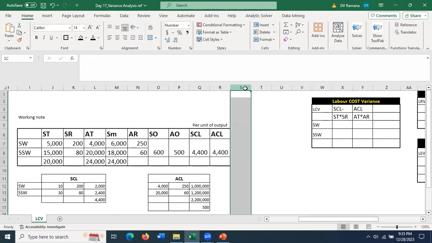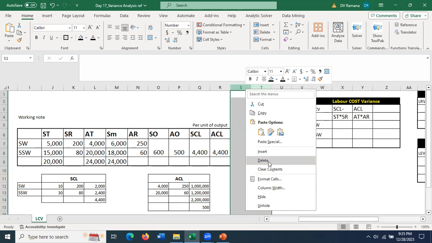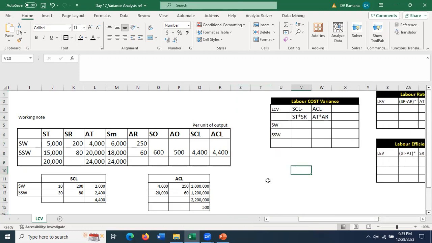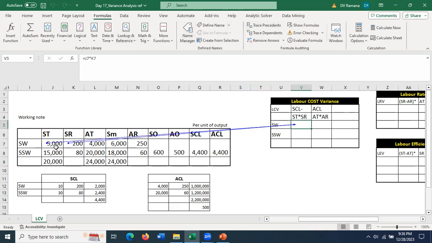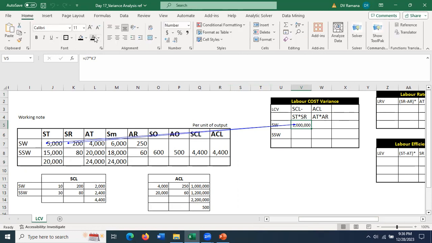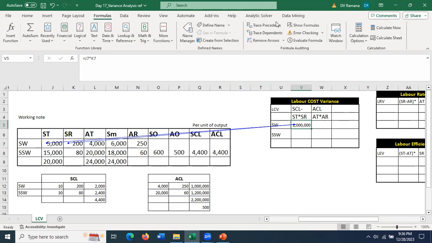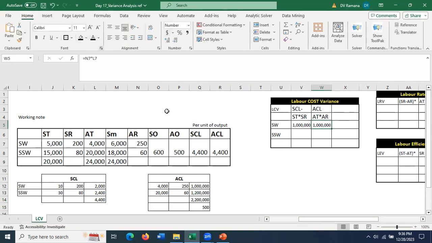So standard cost of labor is equal to ST into SR, and that is equal to 1 million for the skilled workers. The actual cost of labor is 1 million. So therefore, there is no variance at this level.